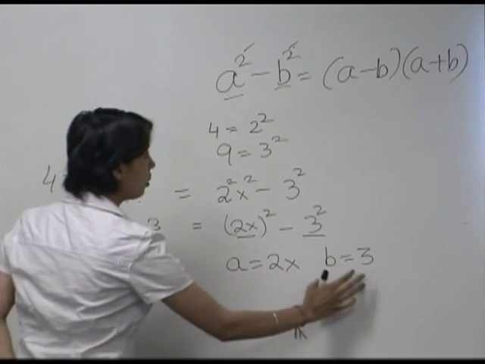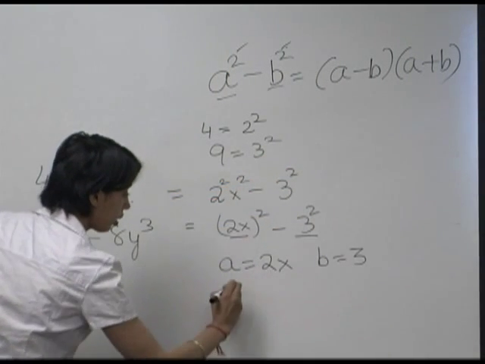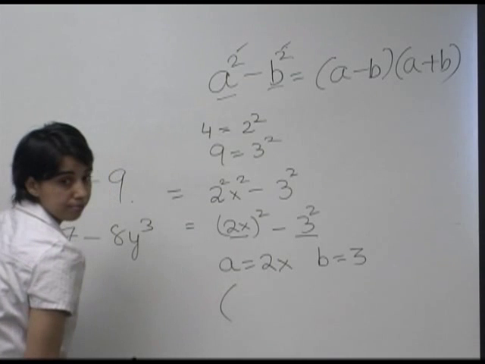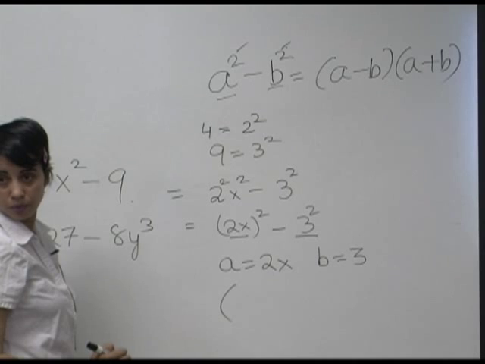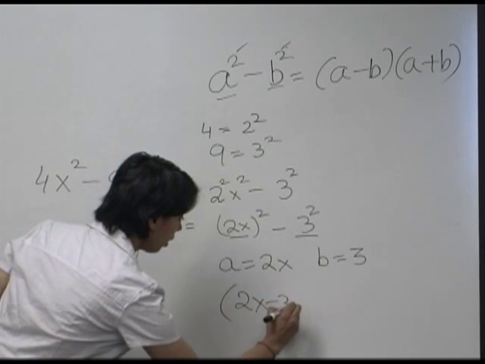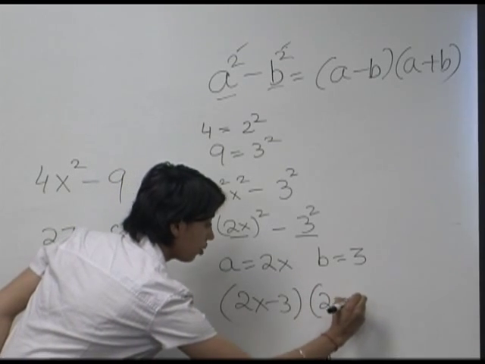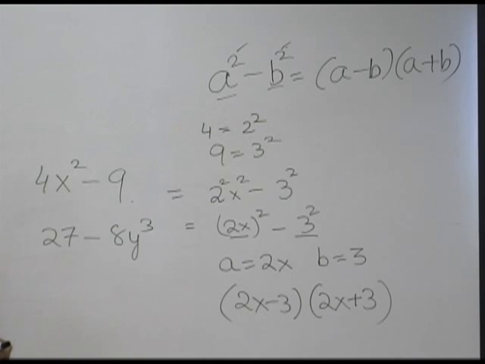Now you have a and b, plug in on your right hand side. So what do you get? 2x minus 3 and 2x plus 3. Right? 2x minus 3 and 2x plus 3.